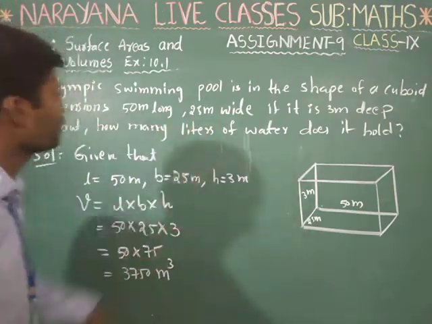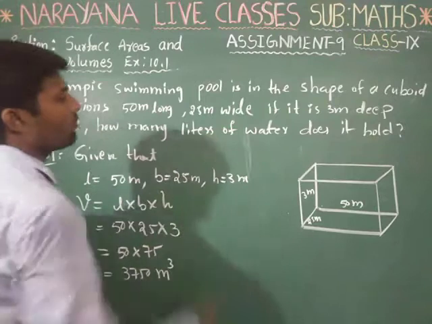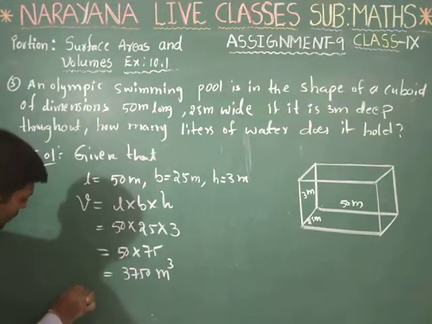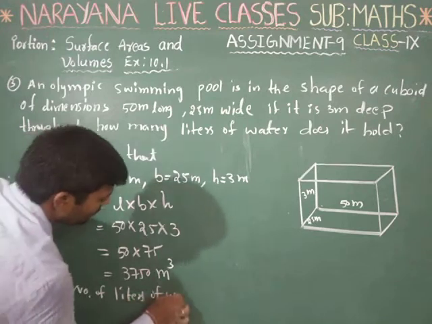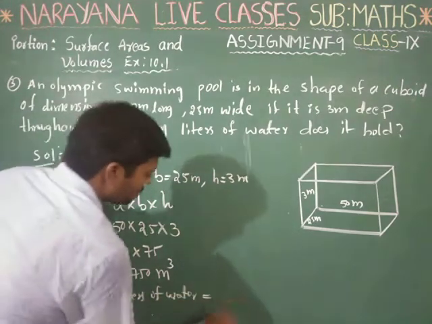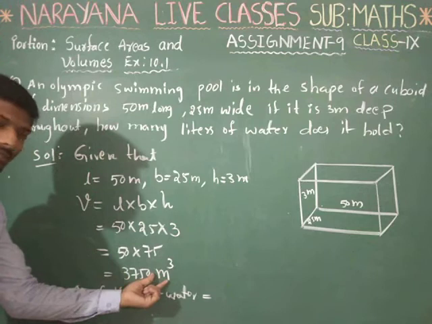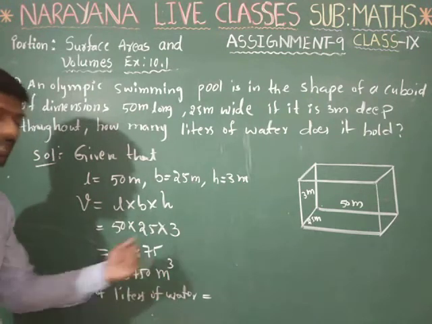Now if you want to find how many liters of water it holds, 1 meter cube is equal to 1000 liters.